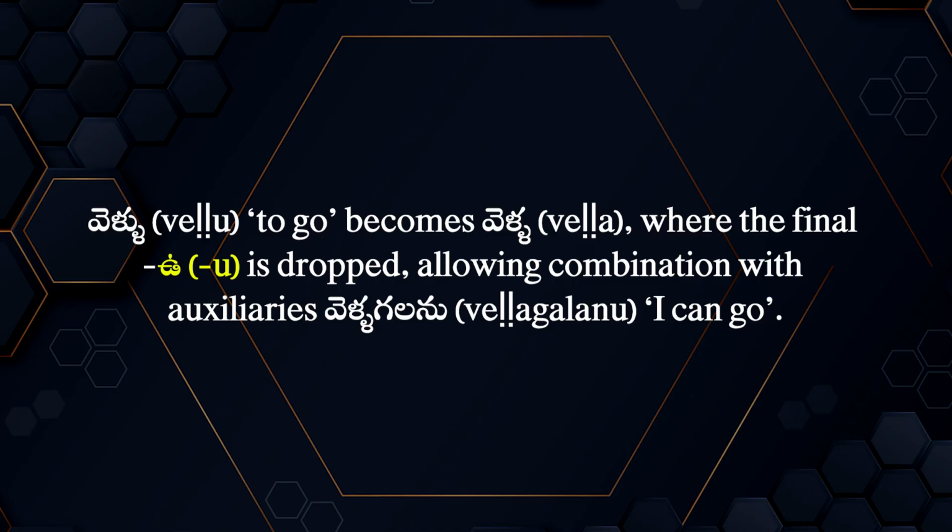During formation, phonological changes occur, especially the dropping or modification of the final vowel or consonant to smoothly accommodate the suffix. For example, vellu, to go, becomes vella, where the final u is dropped, allowing combination with auxiliaries: vellagalanu means I can go.